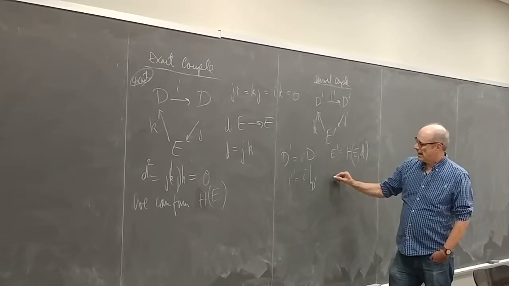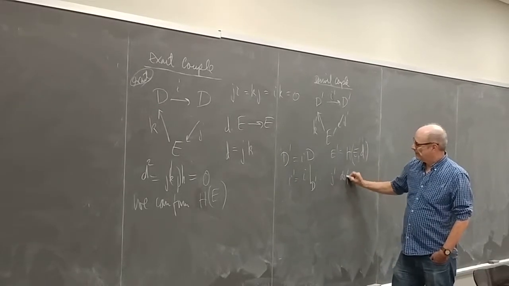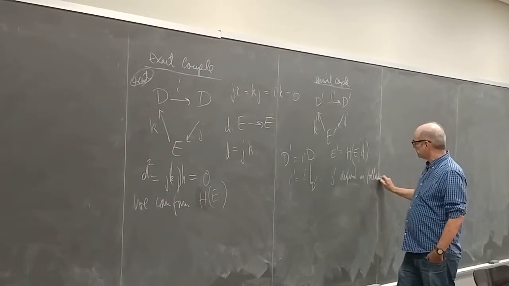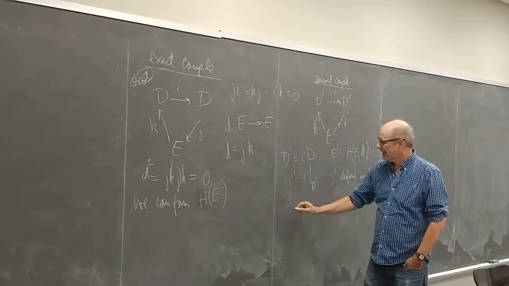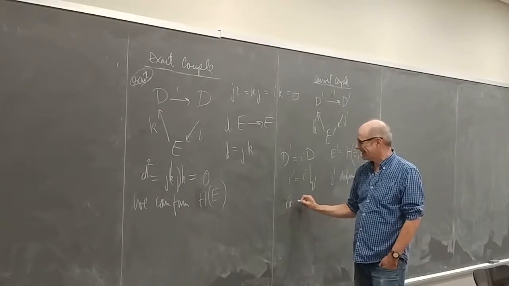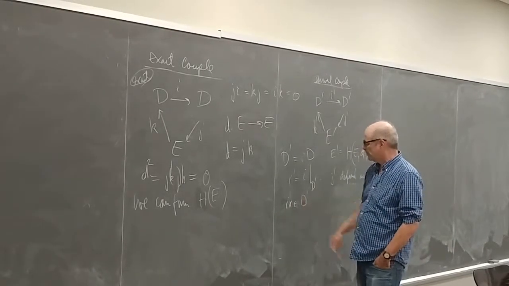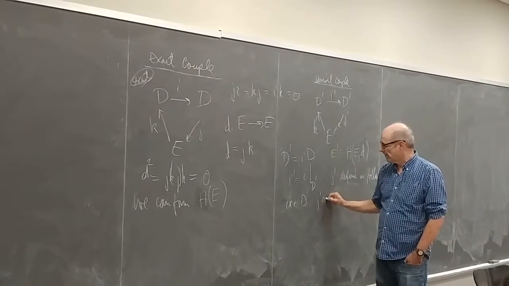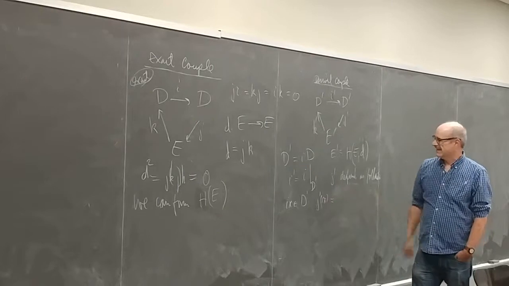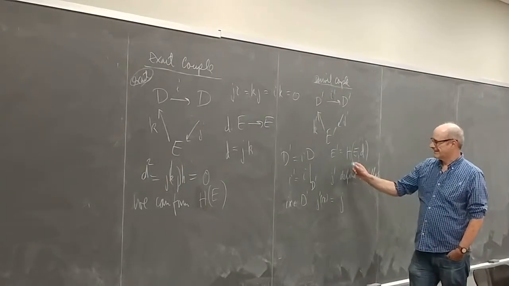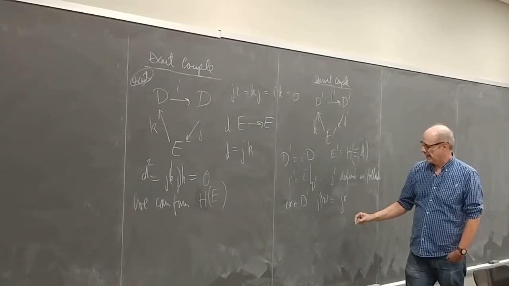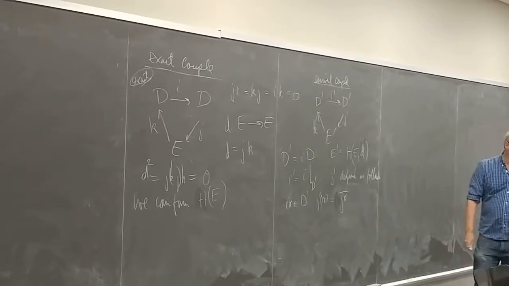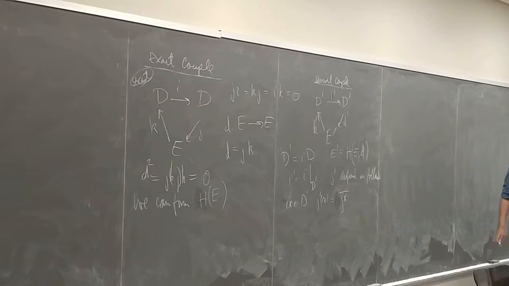And J prime is going to be defined as follows. We choose an element I of x in D prime. So J prime on this element I of x is going to be the homology class of J of x. I'll use a bar to denote the homology class.